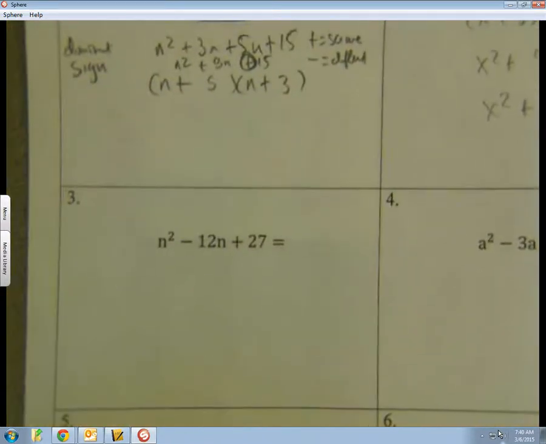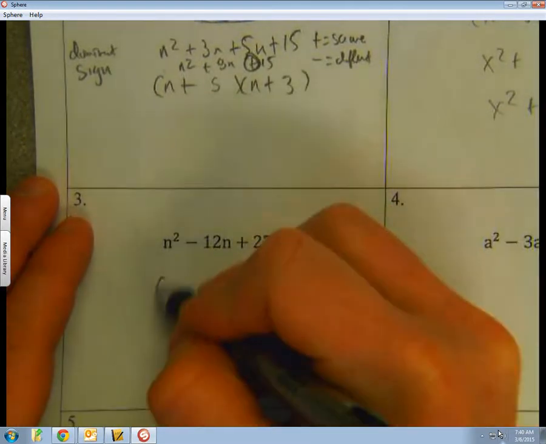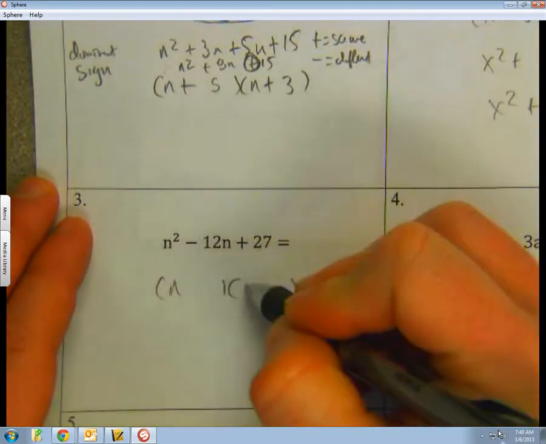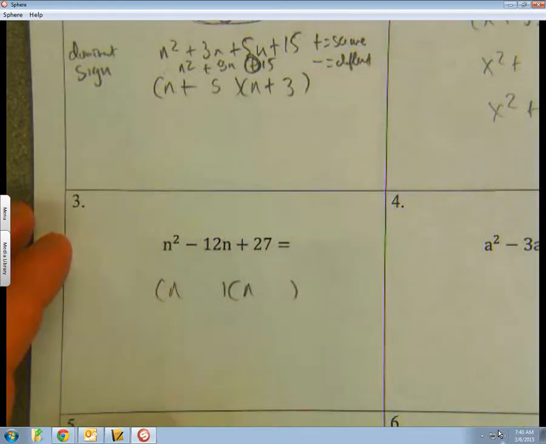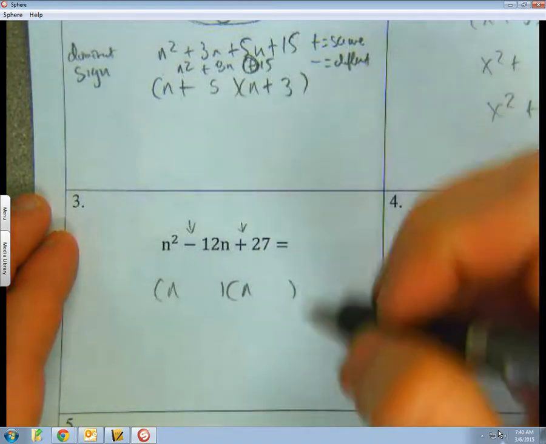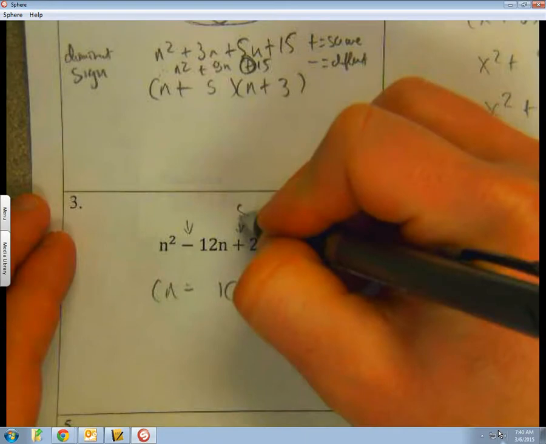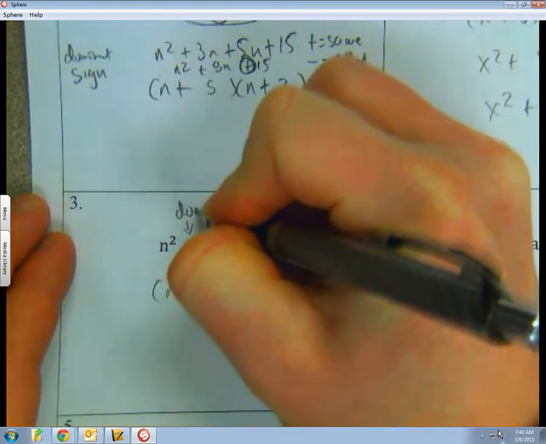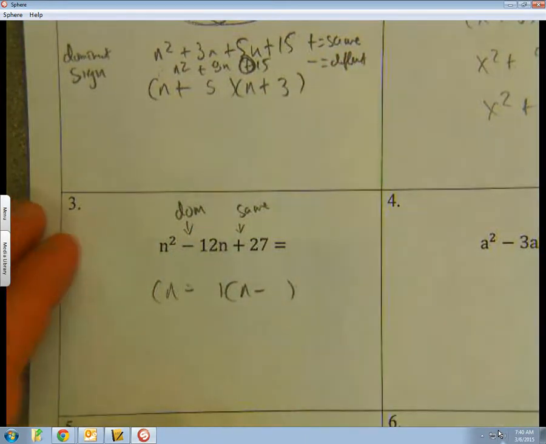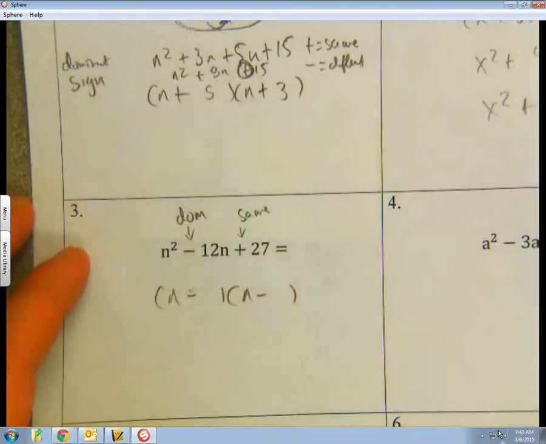Next example. Again, 3-term polynomial, second degree, right there. This is the same, except now we have a negative dominant. So instead of 2 additions, we're going to have 2 subtractions. Same, dominant. Now factors of 27 that give me 12. 9 and 3.